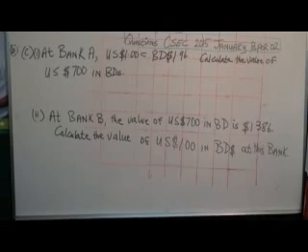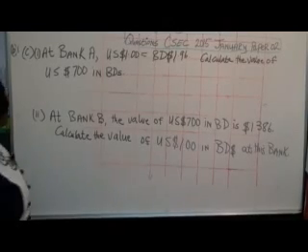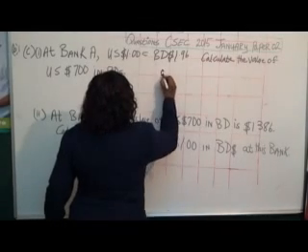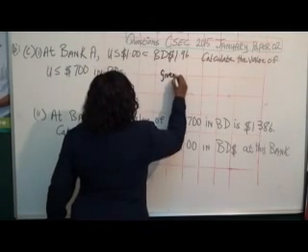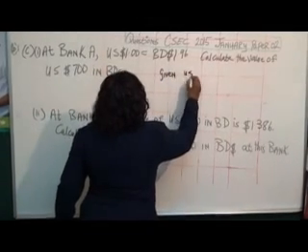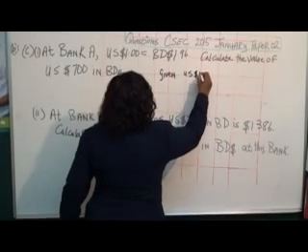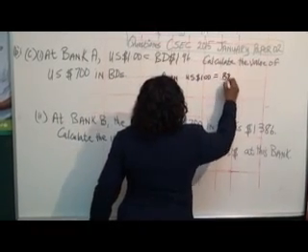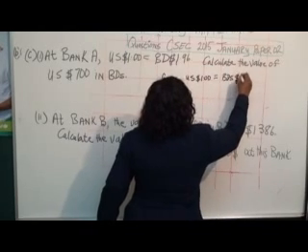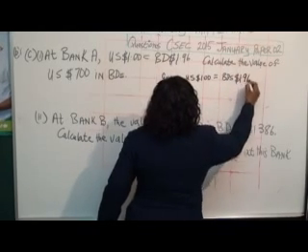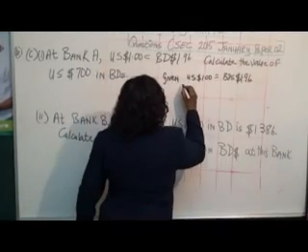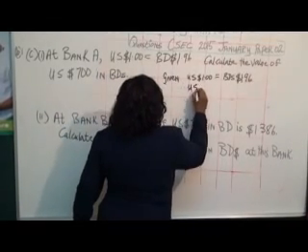So you start looking, and we're given US $1 is equal to BDS $1.96.